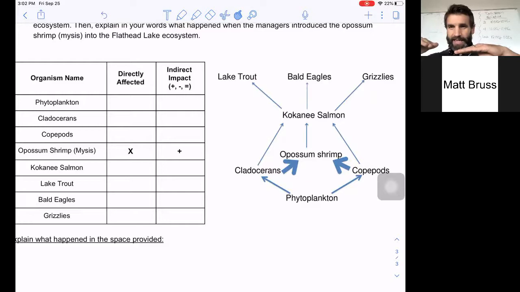Well, these kokanee salmon hunt during the day. So they would come out during the day, and they use their sight to find their prey. And they would look for the shrimp, couldn't find them. And in fact, there was now less zooplankton even to eat because the shrimp were eating all the zooplankton. So the salmon couldn't find any food.